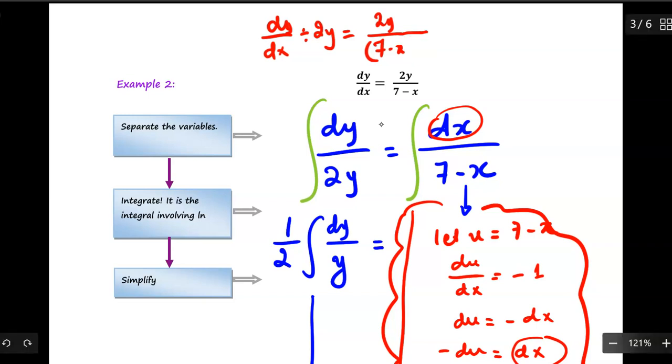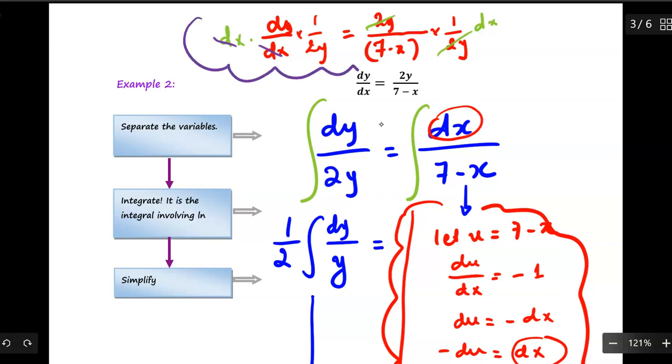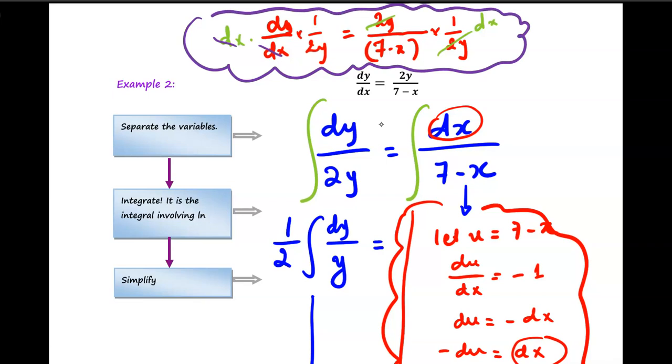So this part here, I multiply by 1 over 2y, and I do the same thing on this side. So I multiply by 1 over 2y on both sides. You see this one cancels with that. Now I multiply both sides by dx. You see this cancels with this, and then I end up with this. So that means I have dy divided by 2y, and then dx divided by 7 minus x.